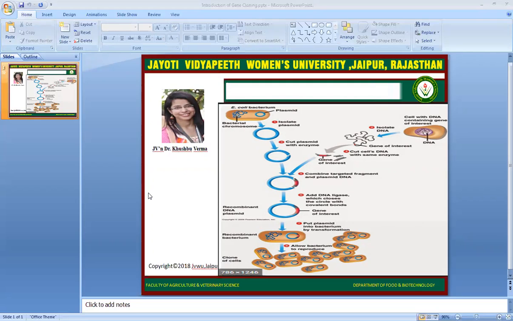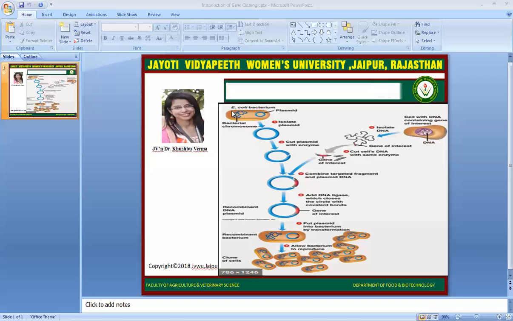Gene cloning is basically multiplication of a gene of interest, making many copies of that particular gene with the help of in vitro cloning methods. This is the flow diagram where we can see the E. coli bacterium.